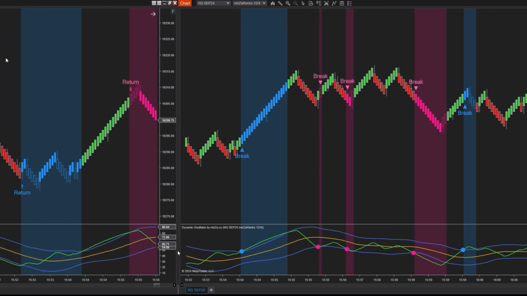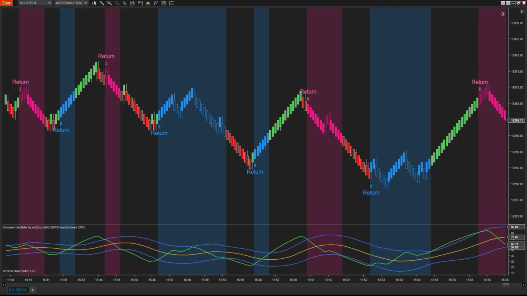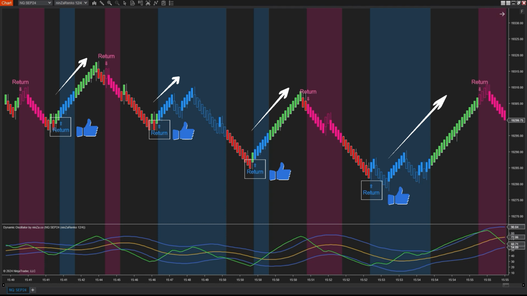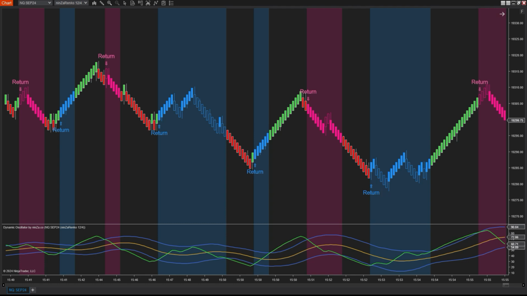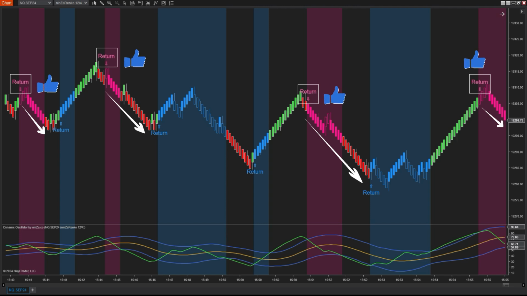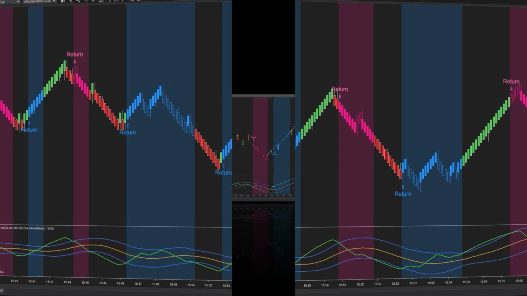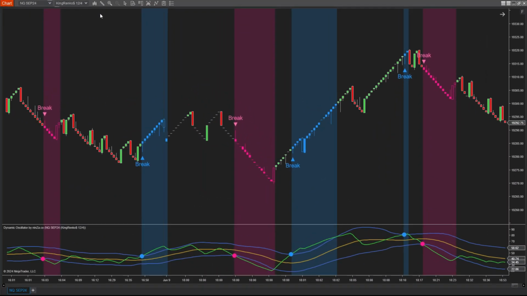With the return signal on the NinZaFamily chart, let's see what this indicator reveals. Finally, let's test whether this indicator performs as well on the NinjaTrader chart as it did on the previous charts.